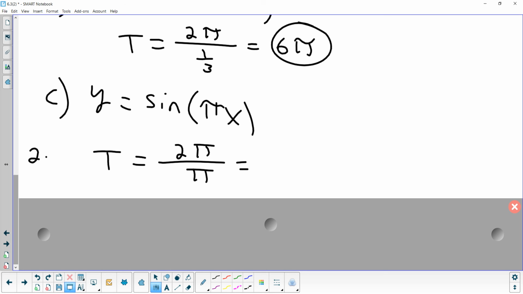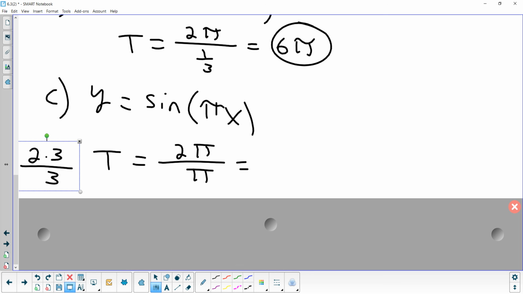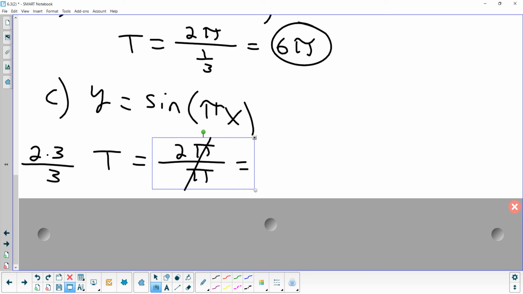It's kind of like if you had 2 times 3 divided by 3. What's 2 times 3? 6. And what's 6 divided by 3? 2. So 2 times pi divided by pi is 2. So we get a nice cycle, 2. It doesn't have pi in it anymore. That can happen.